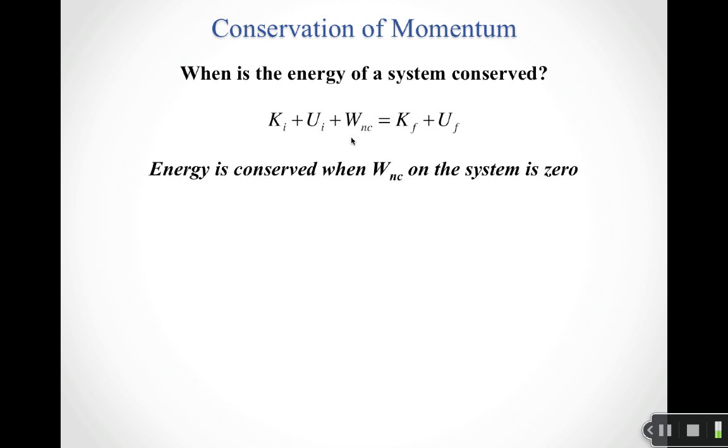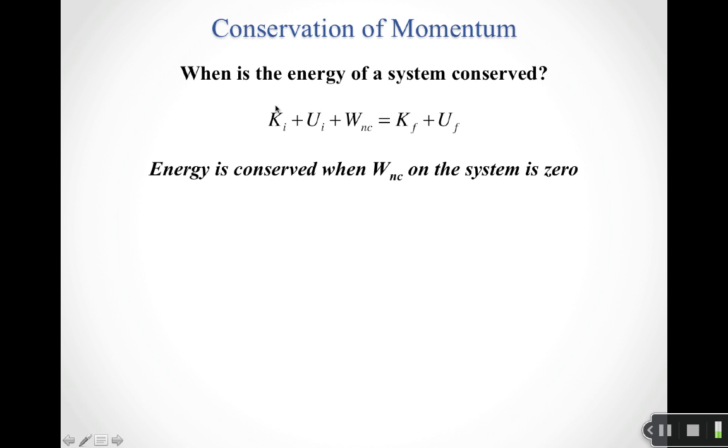All right, let's come back to the conservation law we've been dealing with and think about conservation of energy, to help set up how we want to think about conservation of momentum. The first question becomes, when is the energy of a system conserved? We've seen conservation of energy problems where we've had 2 blocks connected by a string, and we wanted to know when the energy of that 2-block system is conserved.